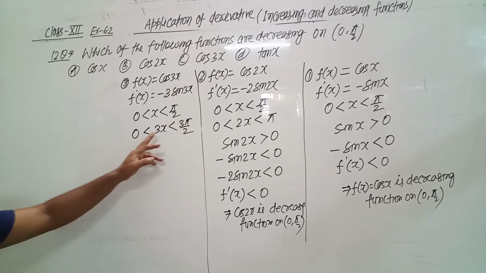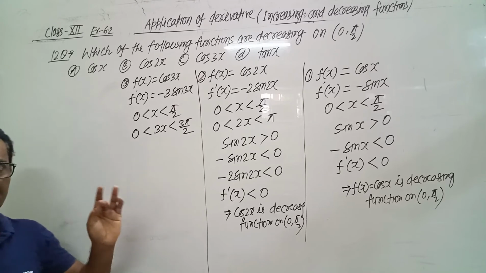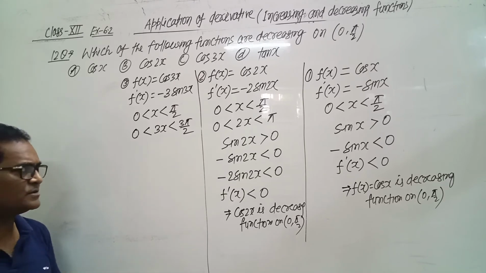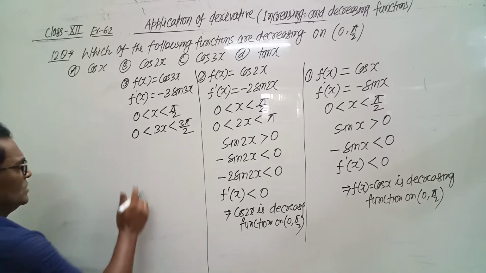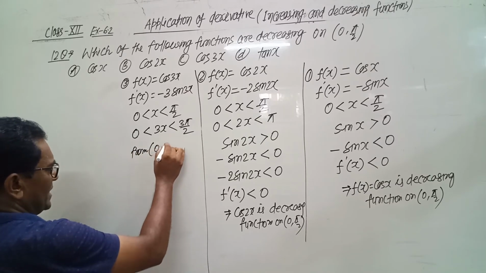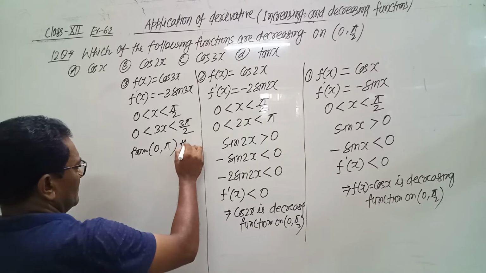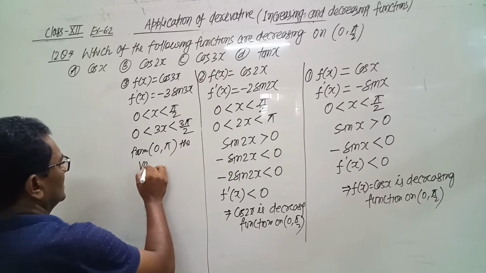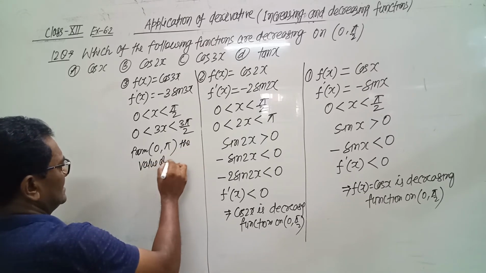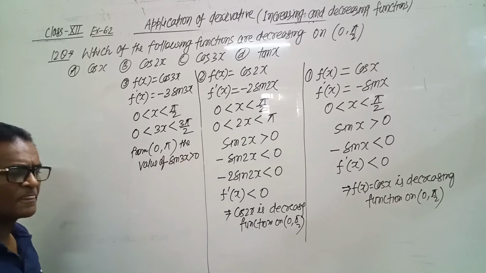This means first quadrant, second quadrant and third quadrant. And we know that from 0 to pi, the value of sin 3x is greater than 0.